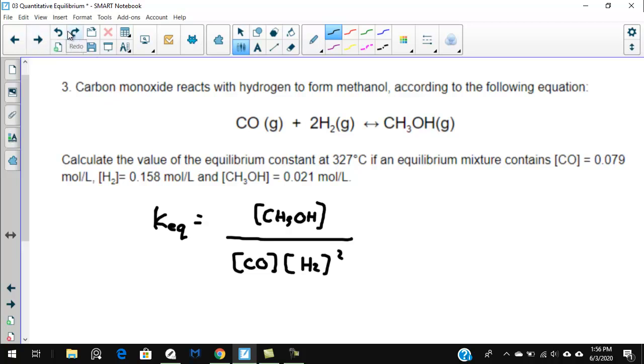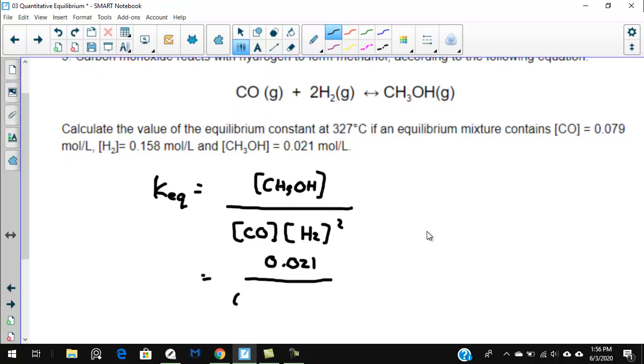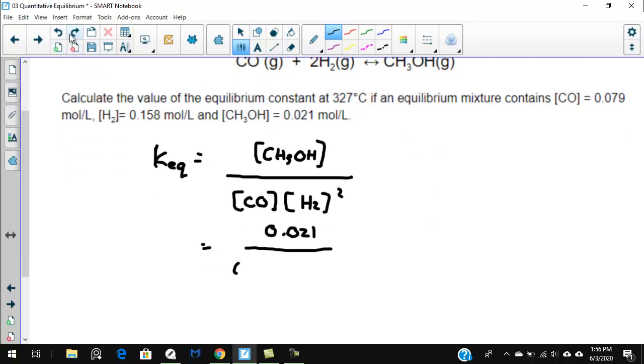And then we plug in some numbers, and we get 0.21 for the concentration of the methanol, 0.079 for the concentration of the carbon monoxide, and 0.158 squared for the term that involves the hydrogen. And then when you crank that through your calculator, you end up with 10.6, or I suppose if we rounded that off, it would properly be written as 11.